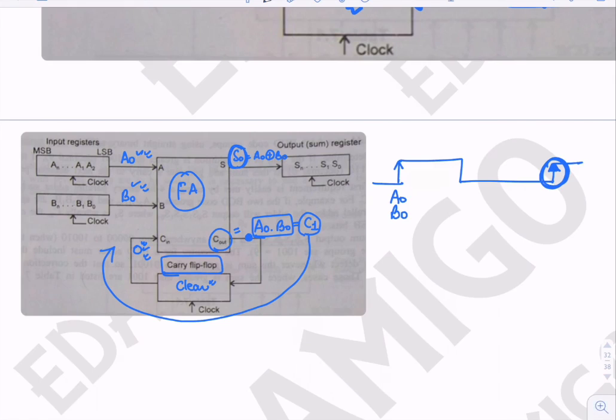This S0 is stored into the register, and this register removes this A0 and B0 from the output and starts producing A1 and B1 at the output. Okay, so in this tick of the clock, A1 and B1 are produced at the output of these registers. S0 is stored into the register. C1 is produced at the input of the full adder.